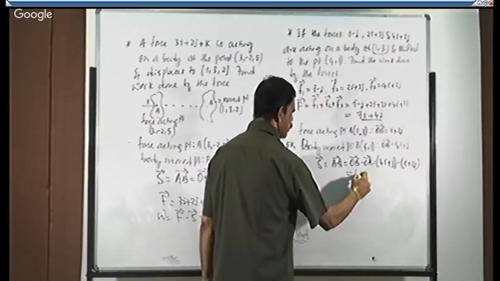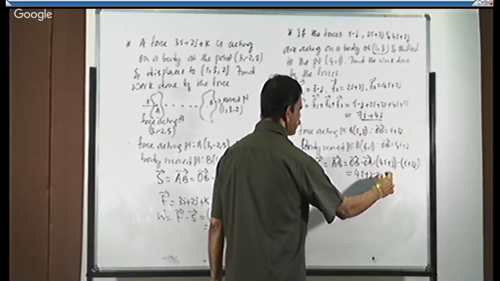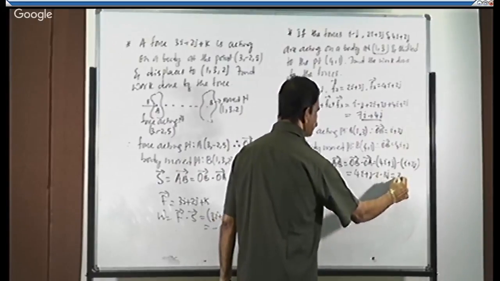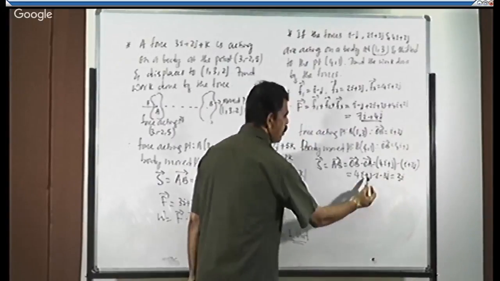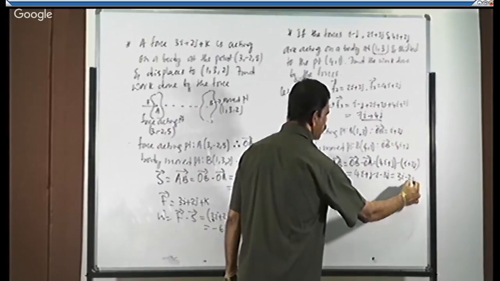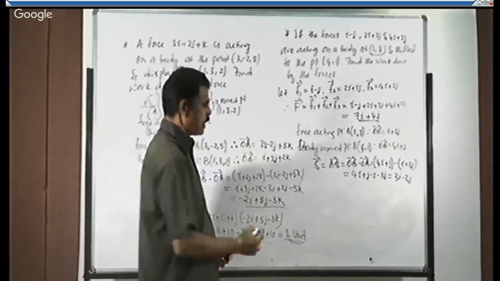Remove the bracket: 4i plus j minus i minus 3j, which is equal to 4i minus i, it is 3i, plus j minus 3j, it is minus 2j. That is the displacement.